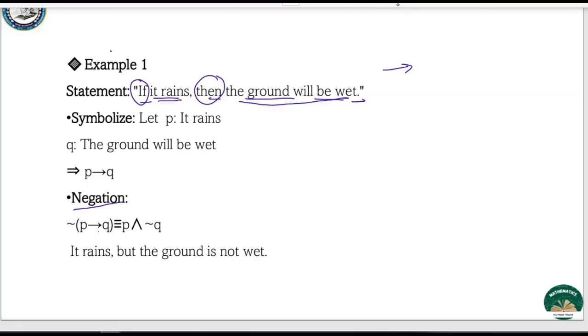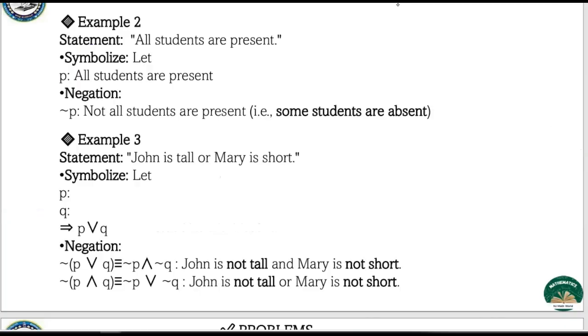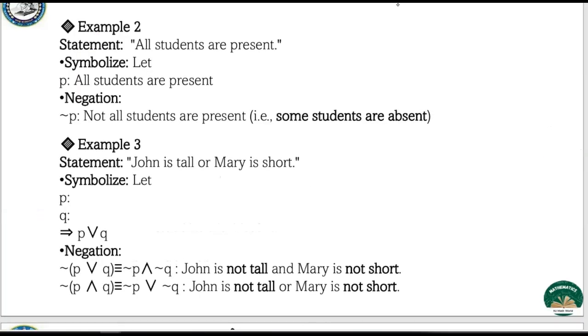Then moving on with the next one, we have example 2 statement: all students are present. So here P is all students are present, and the negation of this will be not all students are present, or we can also write some students are absent, as the negation of the given statement. Then John is tall or Mary is short.